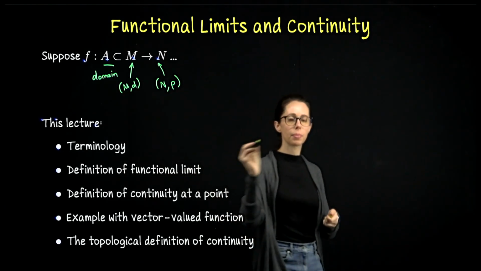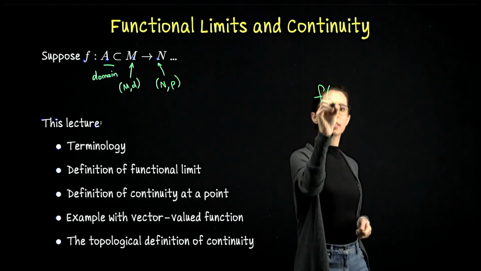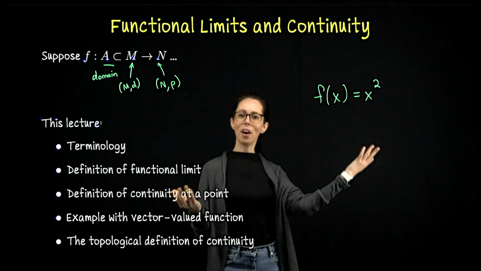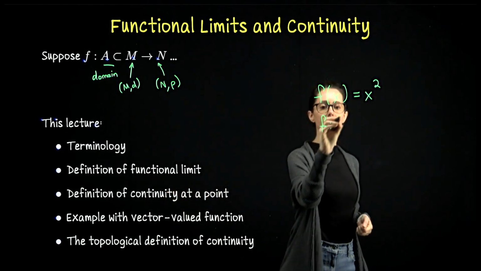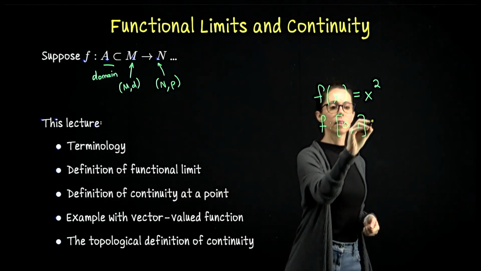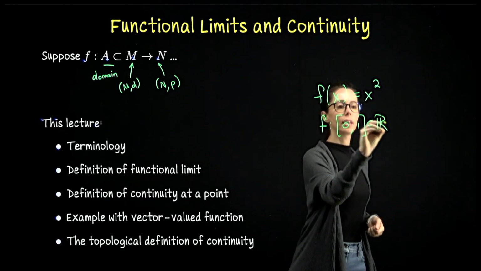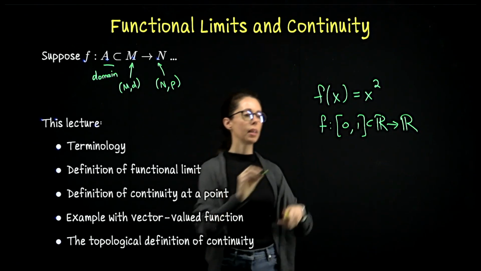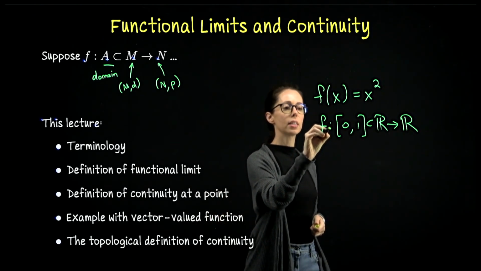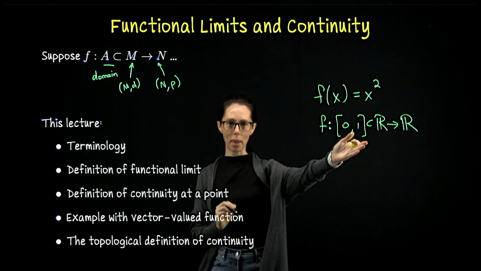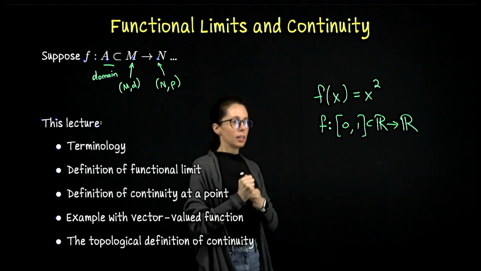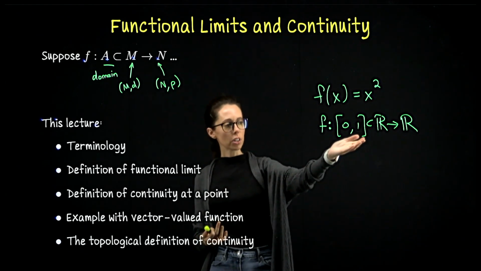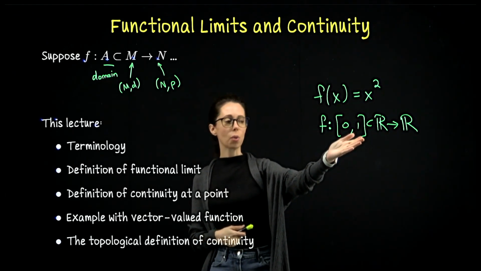For example, if I have something like f of x equals x squared, this is just a function from R to R, but if I say that f is a map on the closed bounded interval from 0 to 1 like this, then I really mean that I'm only considering this function on this domain. Moreover, if you write something like this, your function should exist on this domain.